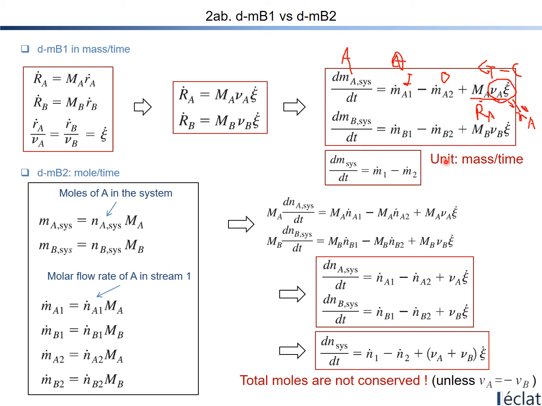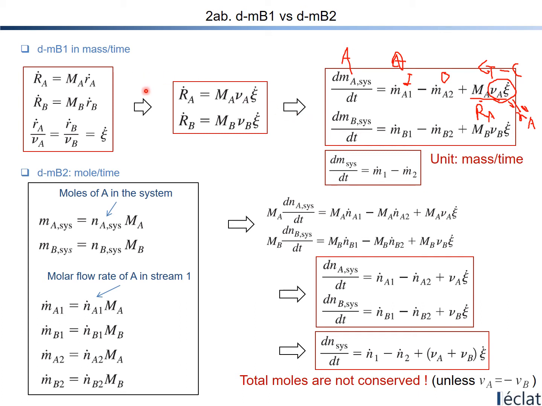However, the mass balance equation for each component should have the generation minus consumption term. So you should consider the extent of reaction. That is the first category of material balance equation.